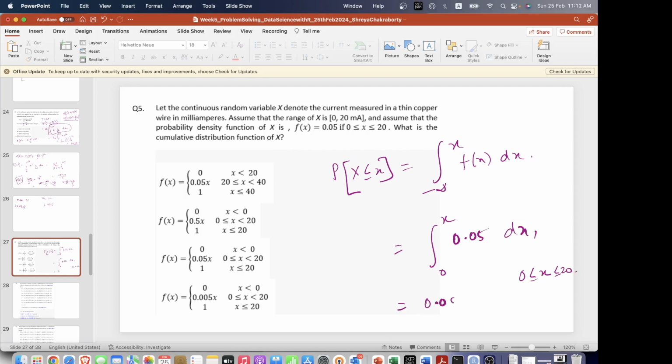So this would be 0.05x when 0 is less than or equal to x less than or equal to 20. Alright, so the cumulative distribution function of x is either this one or this one. It is this one.